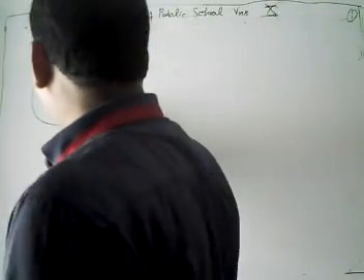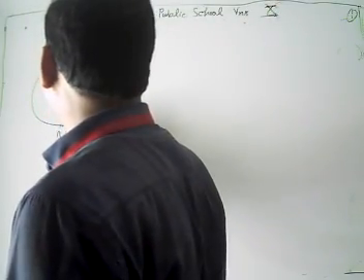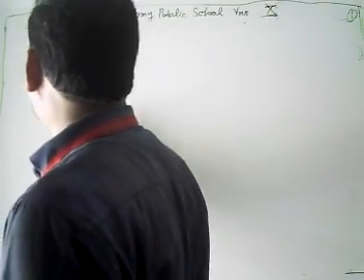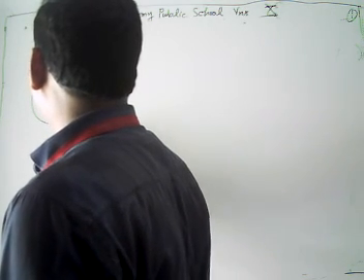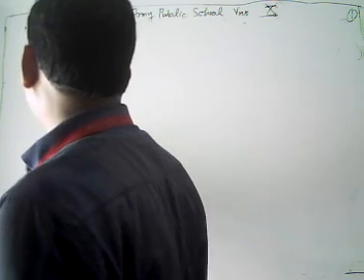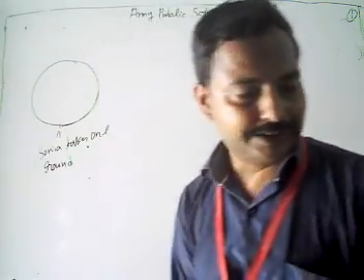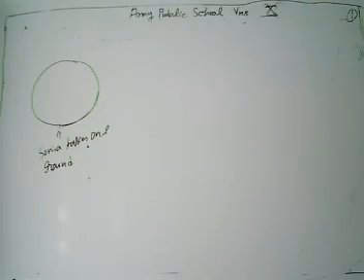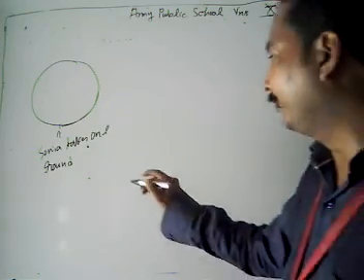Sonia starts from A and comes again to the point A. Sonia takes 1 round of this sports track in 18 minutes.